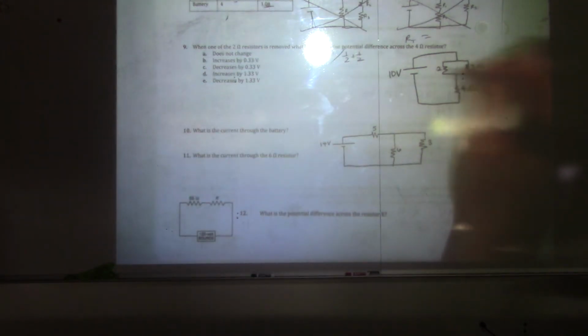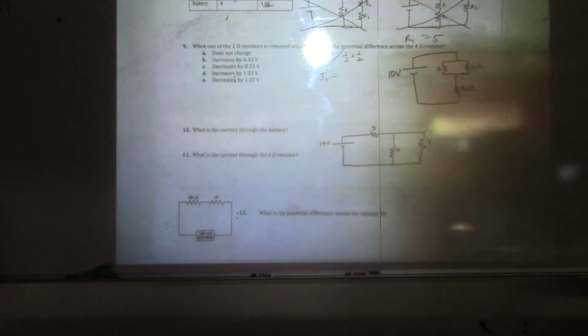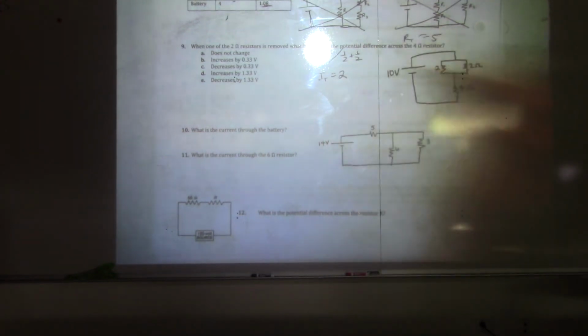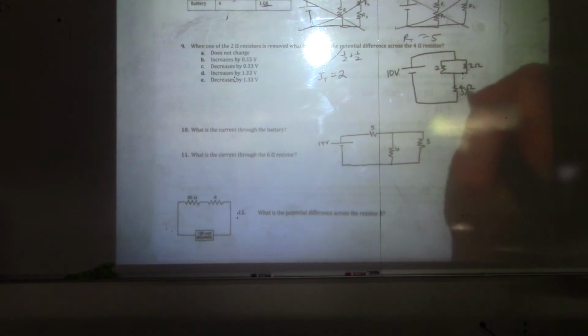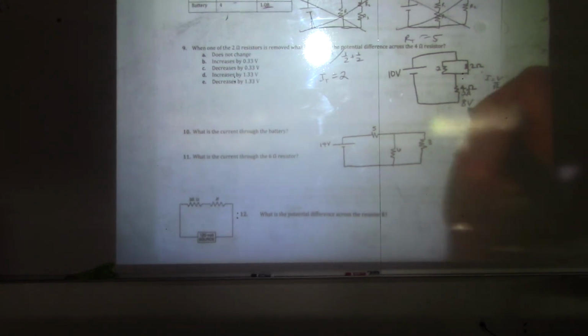So this one is just 1, and then with the 4, our total is 5. I total is just total voltage over total resistance, so 10 volts over 5 becomes 2 amps. Current splits here, but then this guy does get the total current. And then multiply, because I is V over R, so you just multiply I times R to get the voltage. That gives me 8 volts.